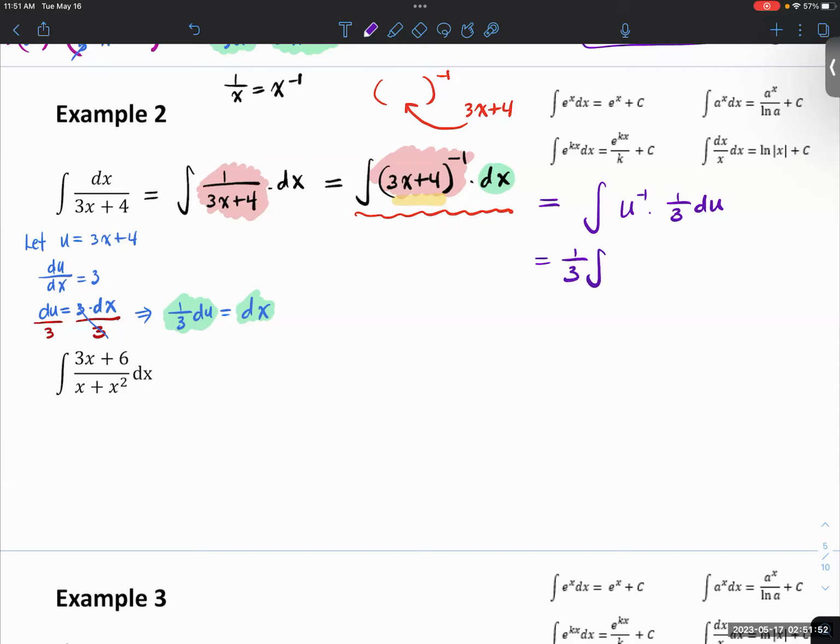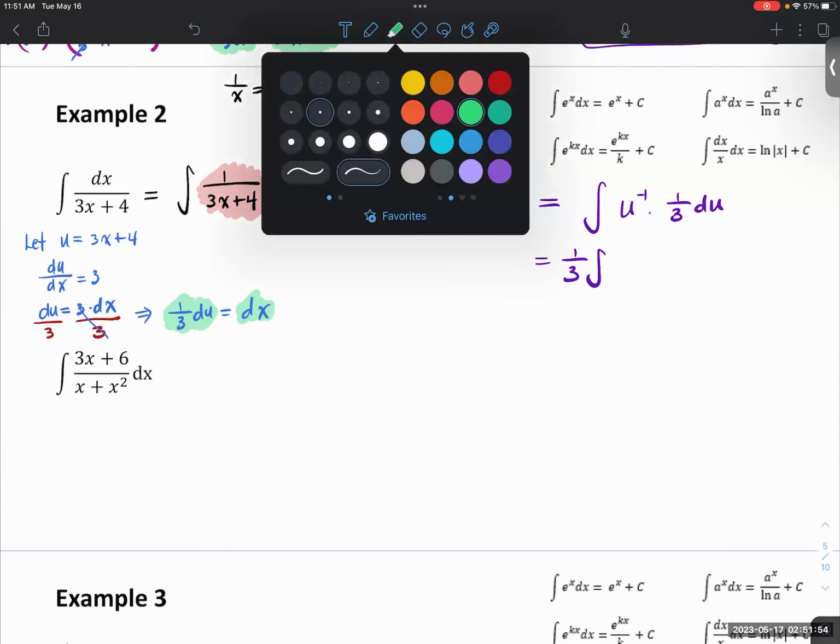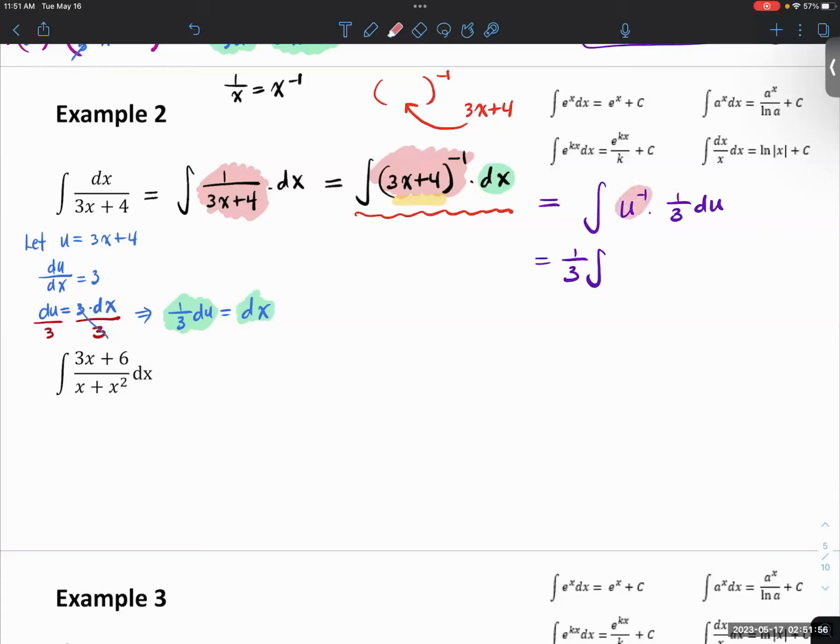And u to the negative 1, make sure, it means the same as what? It means 1 over u du. Am I correct? So now all you need to do is take the integral of 1 over u du. So look at this, the last one. Do you remember? Don't take the integral with the basic power rule.